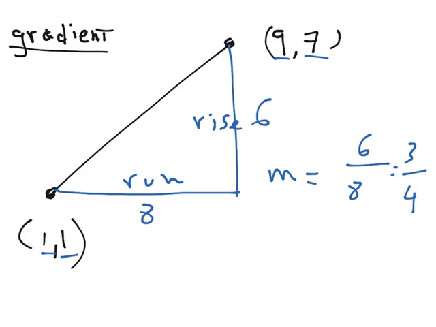We observe again that the value of 6, before simplification, is simply 7 minus 1, the difference in the y coordinates, and the 8 is 9 minus 1, the difference in the x coordinates. So that y difference over x difference is where we get the gradient from.